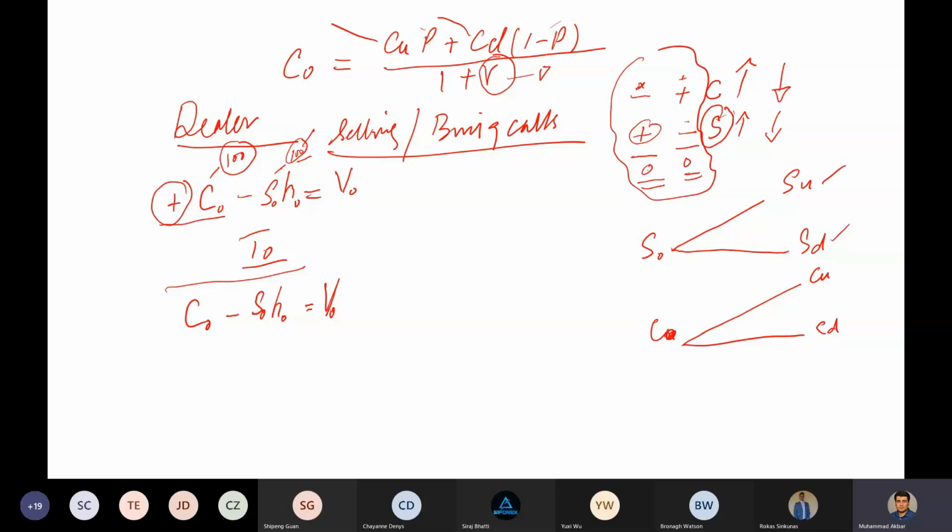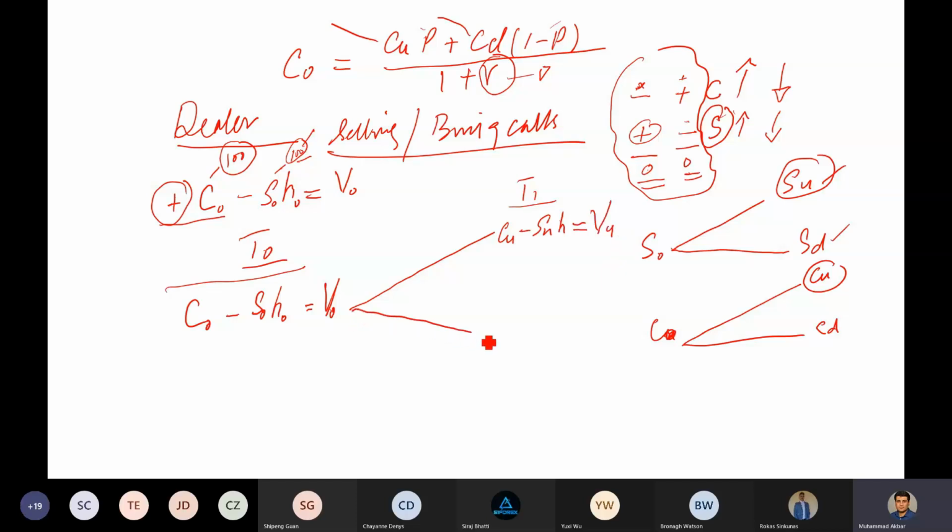So that means that if right now I have this portfolio of call and stock, it can go up at T1. If the stock price goes up, it will be equal to my position in the call, which will now be worth CU, minus my position in the stock, which will be SU multiplied by H number of shares, and the portfolio value will become VU.